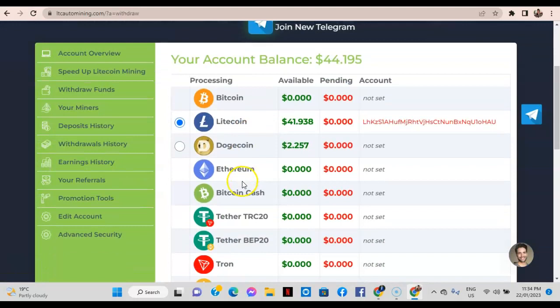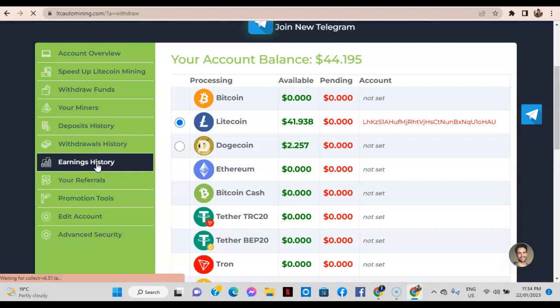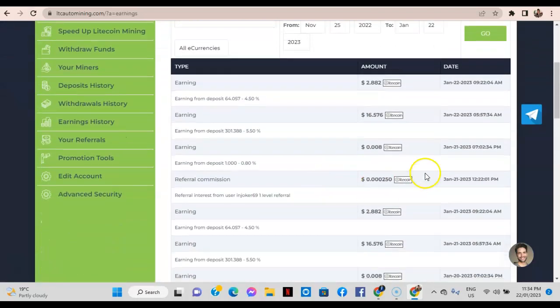Okay, here we are on this page. This is my account balance of what I have earned within the 2 days. Firstly, before I do the withdrawal, I want to take you to the earning history. Now this here is how much I'm actually collecting. You see the date?